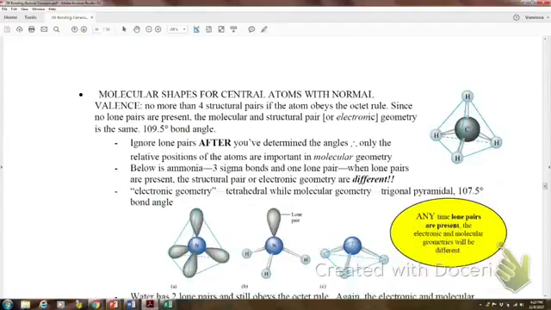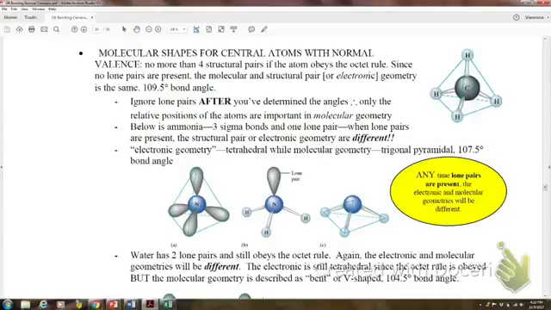So, molecular shapes for central atoms with normal valence, so no more than 4 structural pairs, if the atom obeys the octet rule. Since no lone pairs are present, the molecular or structural pair of electronic geometry is going to be your tetrahedral shape, because you've got 4 things bonded on it.